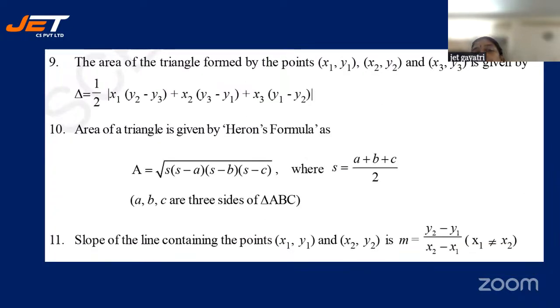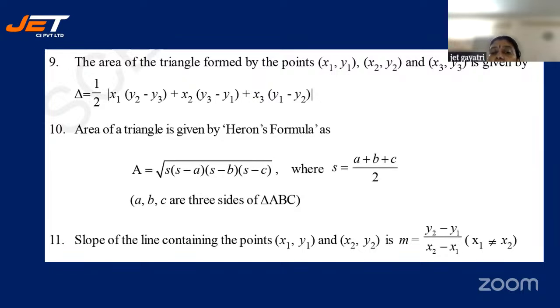Next, the area of a triangle formed by the points x1, y1, x2, y2, x3, y3 is half into x1 of y2 minus y3 plus x2 into y3 minus y1 plus x3 into y1 minus y2. Let me repeat, half of x1 into y2 minus y3 plus x2 into y3 minus y1 plus x3 into y1 minus y2.